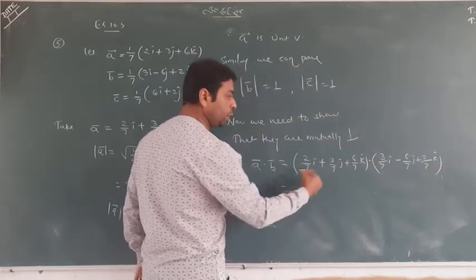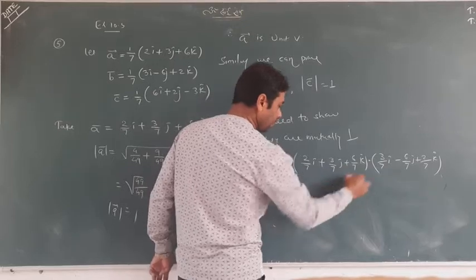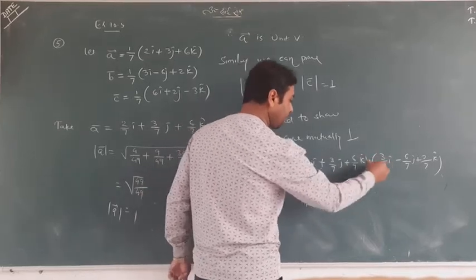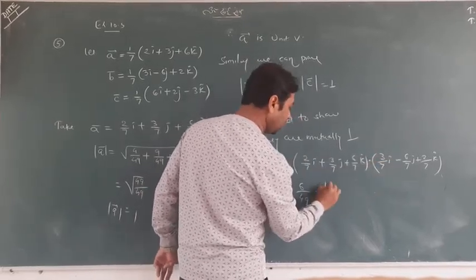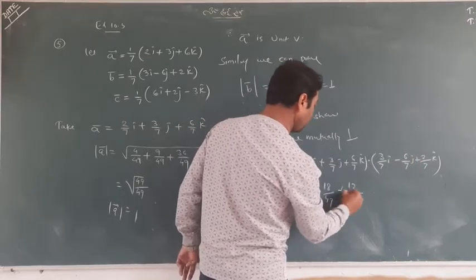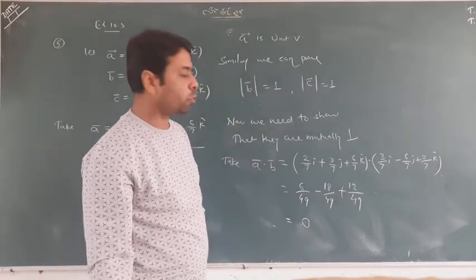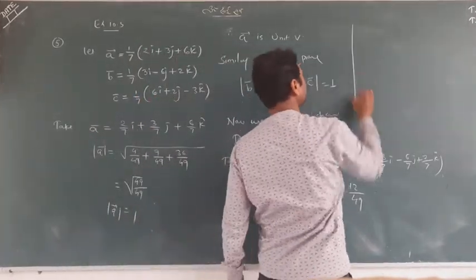And now we'll dot. How to dot multiply? 2 3s are 6, 7 7s are 49. I and i will multiply, j and j, minus 18 upon 49, and plus 6 times 2, 12 upon 49. What do you see? That this is 0. When A dot B is equal to 0, it means A and B are perpendicular.